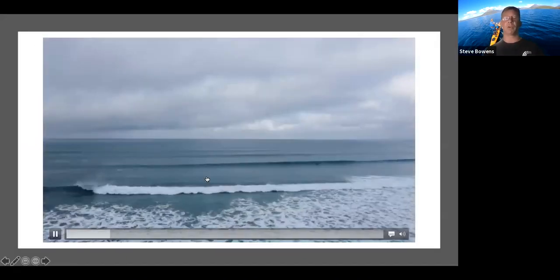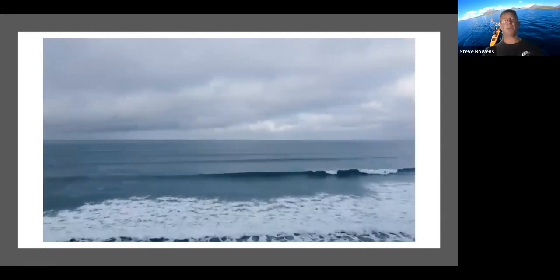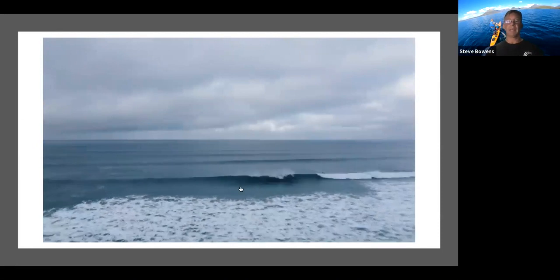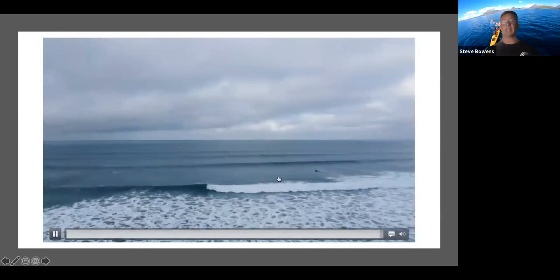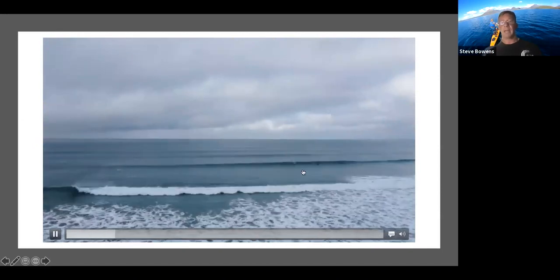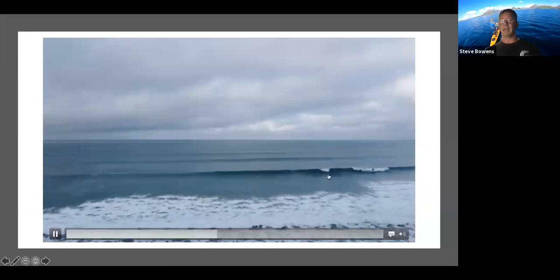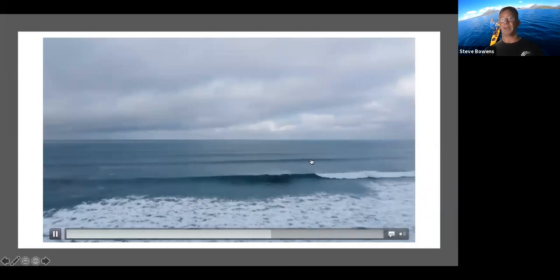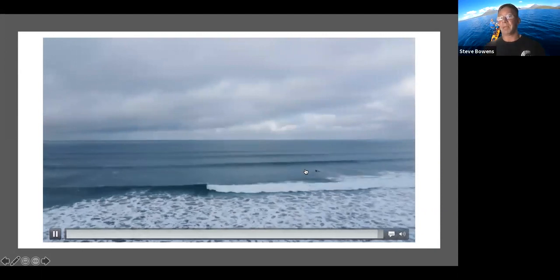And here's another clip that I took after I got out of the water. I got in at 7:30, and I was out about 9:45, something like that. You can see that this is what the waves looked like a little bit later on that morning. And if you can see, there are surfers out here. If you see the size of the surfer and the size of the wave behind, you can see that actually the waves were quite big.